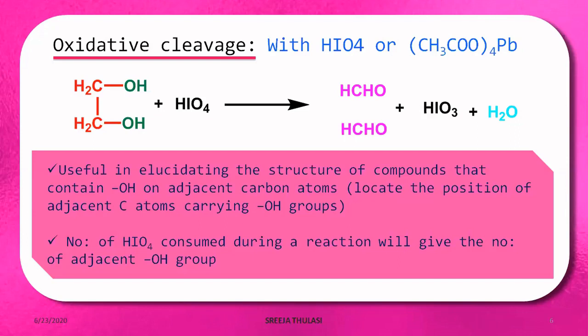Therefore, we can also use it to locate the position of adjacent carbon atoms carrying OH groups. Another advantage is this: the number of periodic acid molecules consumed during the reaction will give the number of adjacent OH groups.